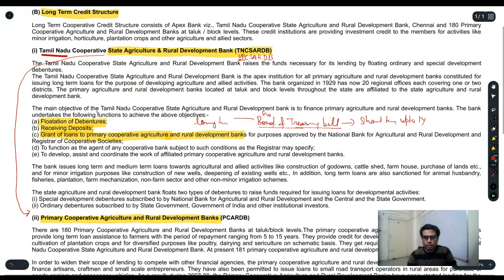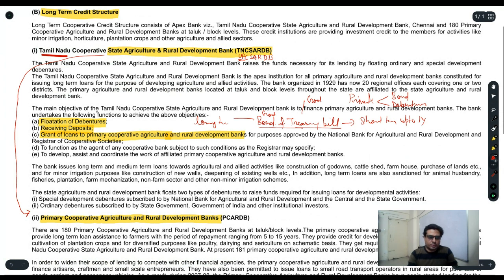Issued by government, government bonds. If it is issued by private, then they are known as bond, no prefix of government, only bond. And if it is of short term, then they are known as debentures. So they issue debentures, right?